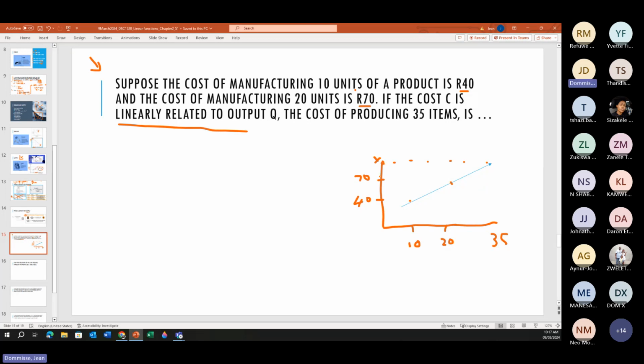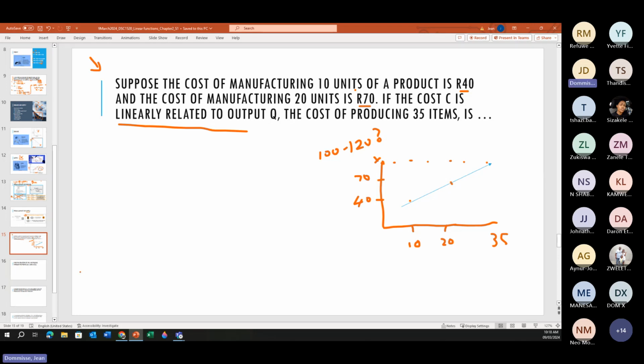We can nearly guesstimate that it will probably be between 100 and 120. That is what I nearly would have guessed.